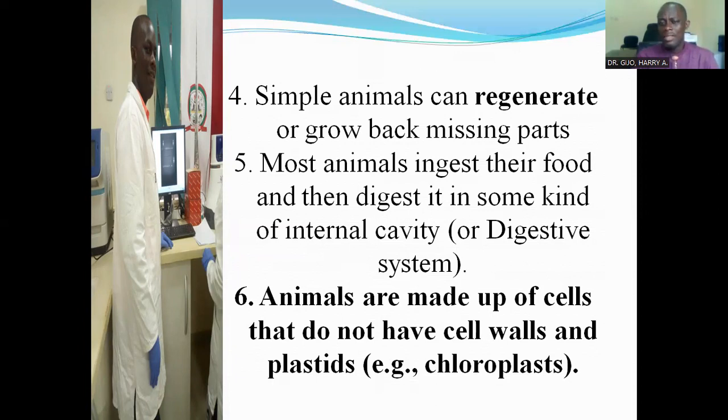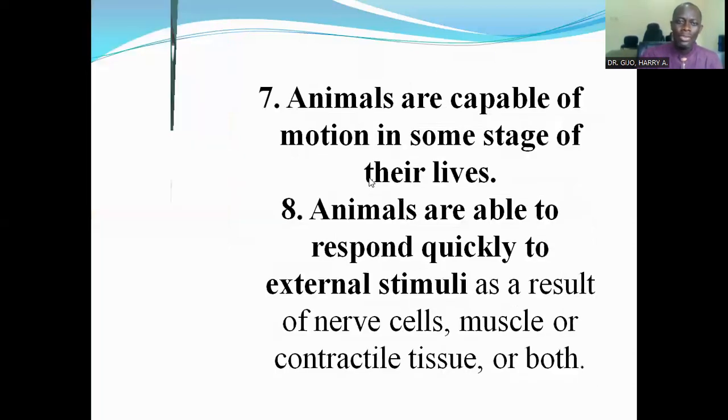The sixth characteristic is that animals are made up of cells that do not have cell walls and plastids. Plant cells and fungi cells have cell walls, but animal cells do not, and they do not have plastids such as chloroplasts that would enable them to carry out photosynthesis.